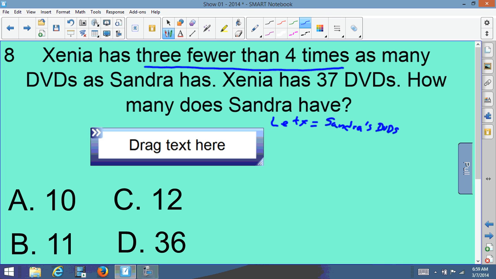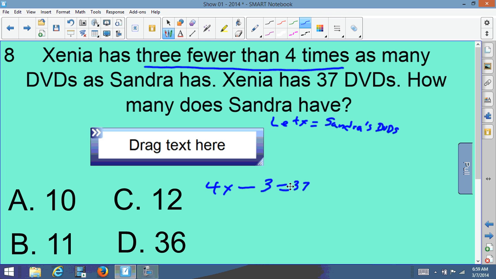Xenia has 3 fewer than, so 3 fewer than, that would be minus 3. 4 times as many DVDs as Sandra has. So Sandra, we said, was X. So 4 times X would be 4 times as many. It says Xenia has 37 DVDs. So Xenia's amount is equal to 37.